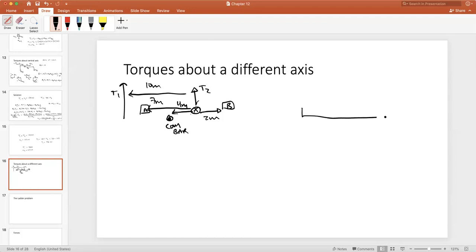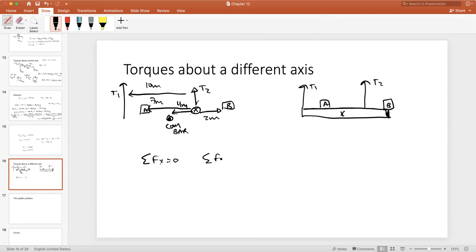So if I draw this, remember that we've got the center of the bar, we had A, we had T2, and we had T1, and we had mass B right at the end. And this distance from T2 to A was 7, this distance was 4, the distance between the wires was 10, and this distance over was 2 meters. The sum of the forces about X is still 0.